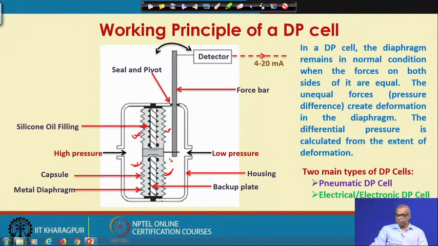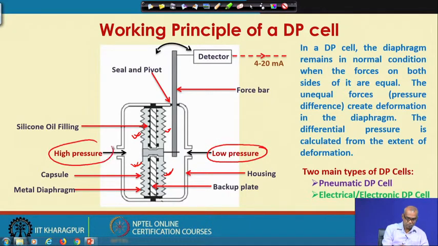So, the diaphragm remains in normal condition when the forces on both sides of it are equal. So, these are the two pressure sources which is acting from both sides of the diaphragm. The unequal forces, that means pressure difference, create deformation in the diaphragm. The differential pressure is calculated from the extent of deformation.